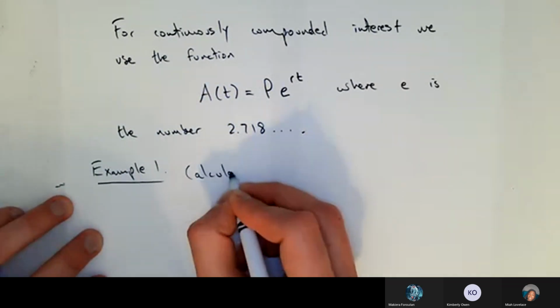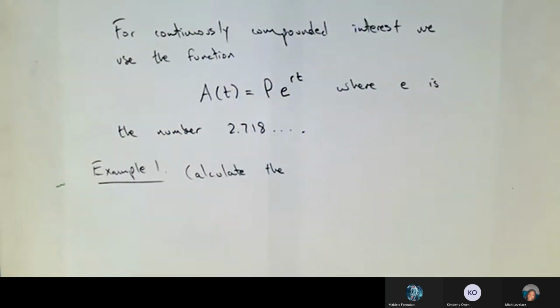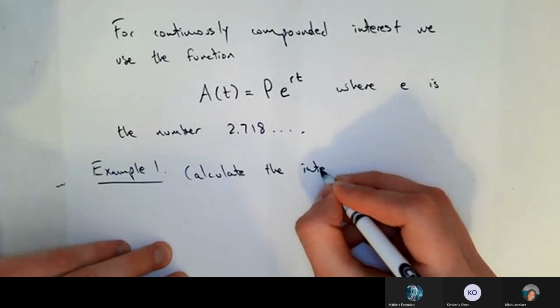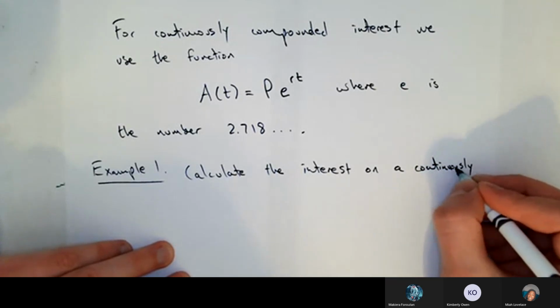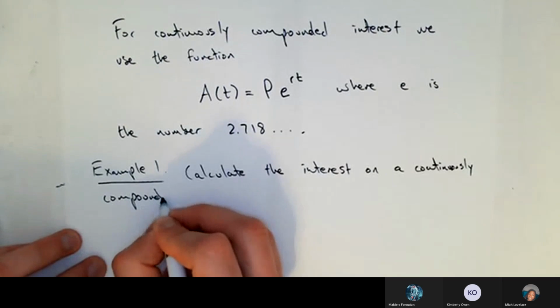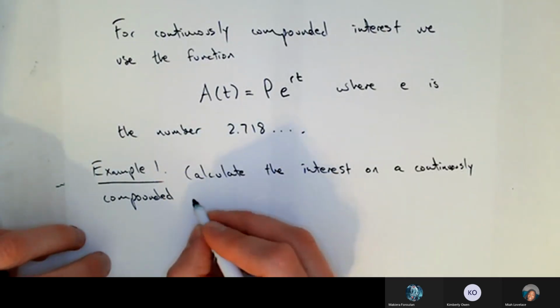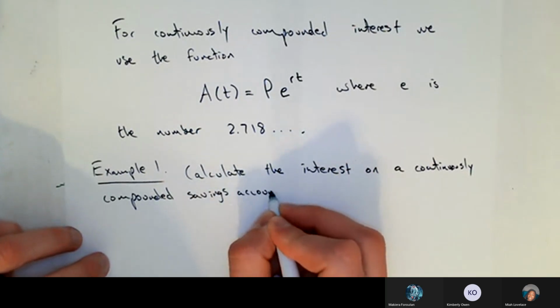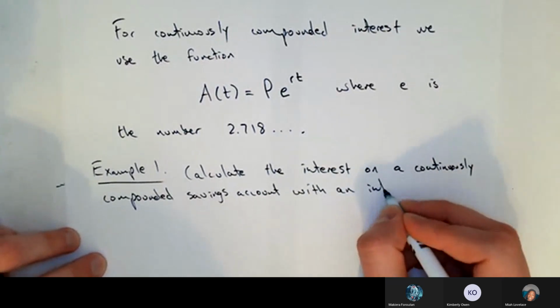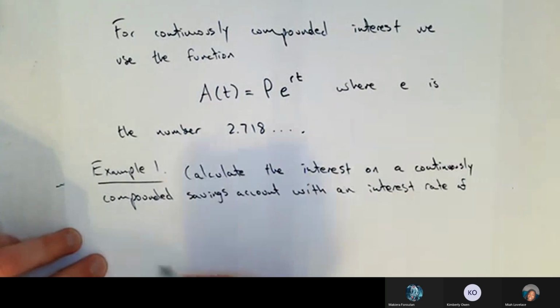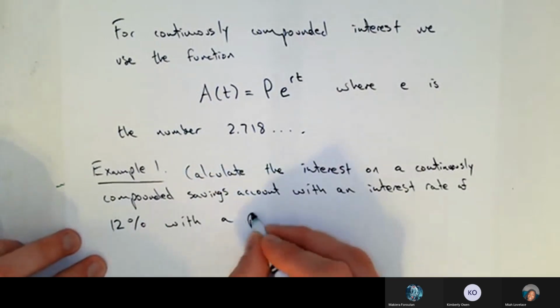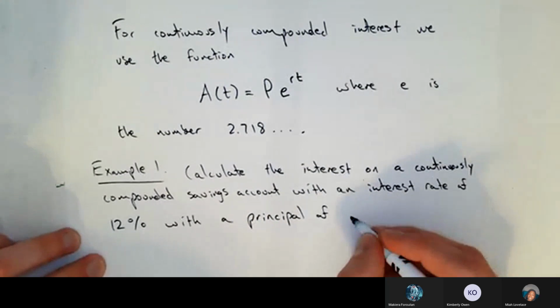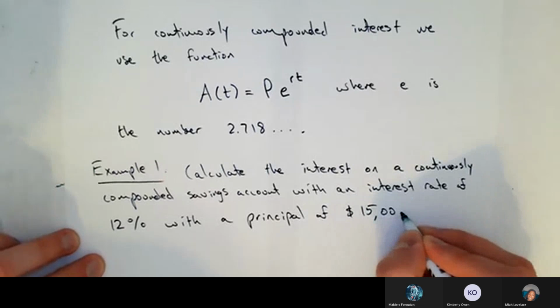Example 1: calculate the interest on a continuously compounded savings account with an interest rate of, let's say 12%, with a principal of, let's say $15,000. Oh, and time.